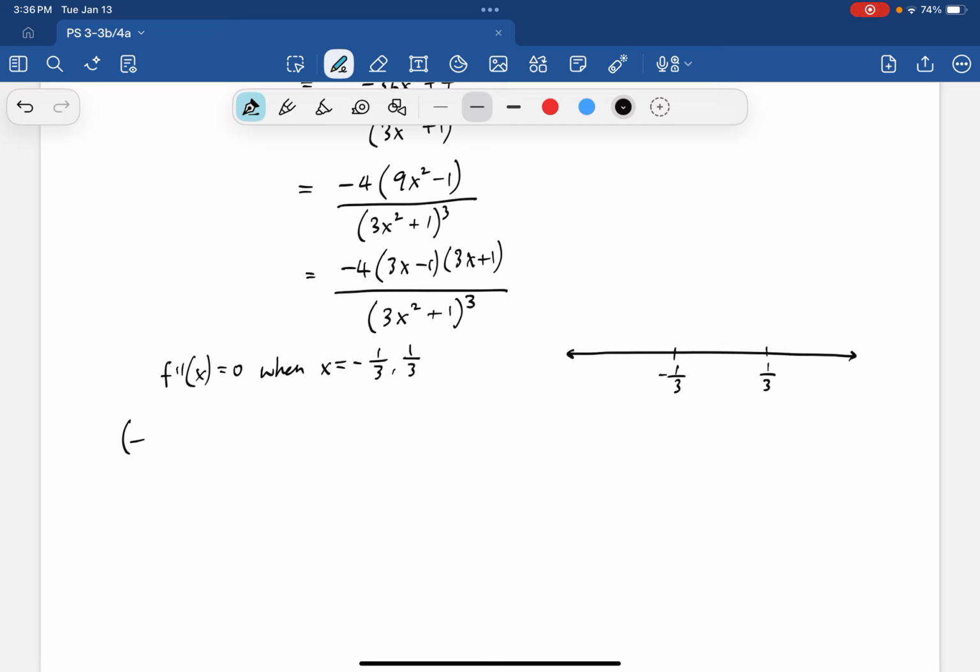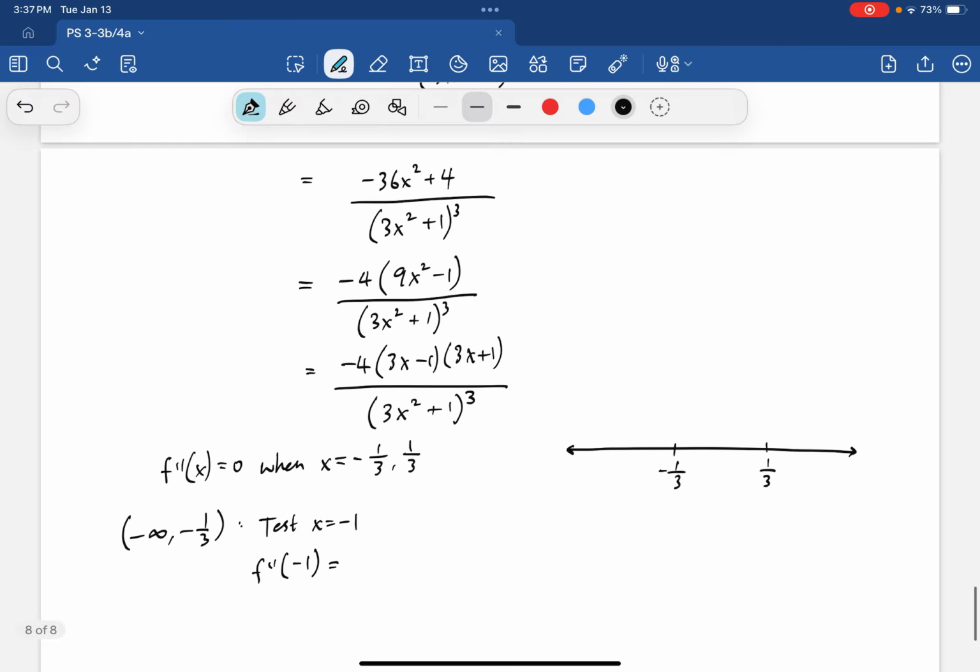And so let's test the first interval. Negative infinity to negative 1/3. So let's test x equals negative 1. F double prime of negative 1 is equal to, I'm going to plug it in here because that's probably the easiest.